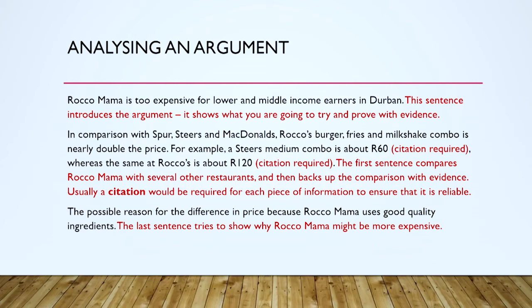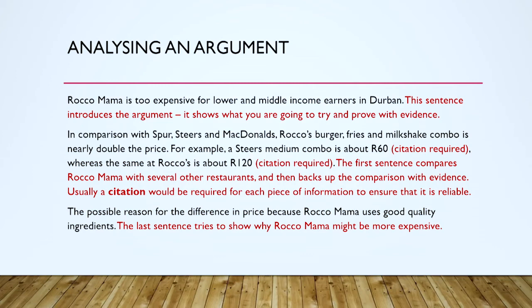And the citation would be Steers 2019, and that would give you the citation. We know now that that's a reliable source. It comes from a menu. You'd also need a citation for Roco's about the 120 Rand. Does it come from a menu? And so on.